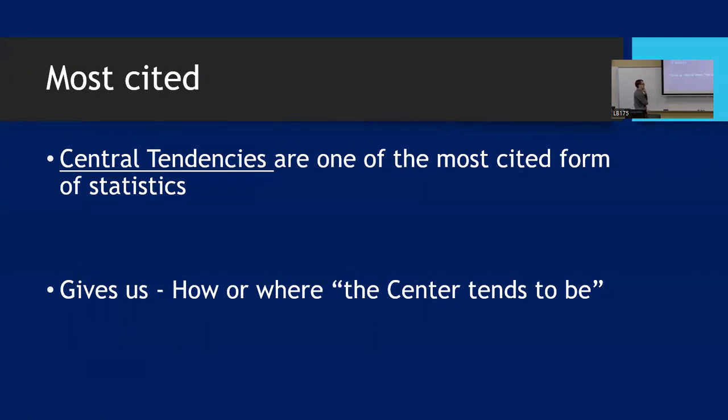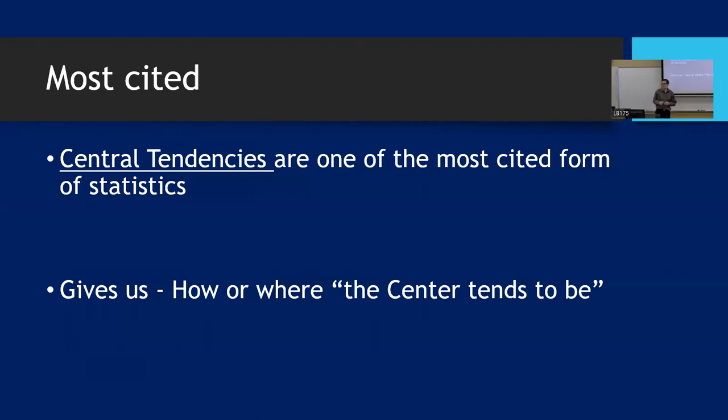Central tendencies are one of the most often cited forms of statistics. And essentially what central tendencies are looking for is where the center of the group is, or what is the tendency of the center of the group? Where does the center tend to be? All right, I think of it that way. So it's looking for the center of the group.